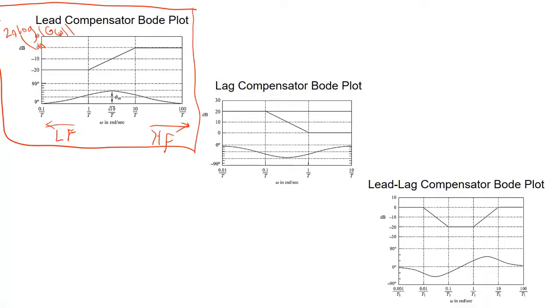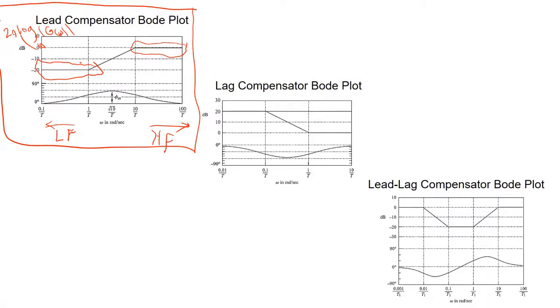What kind of filter, what kind of device allows the high frequencies to pass without too much attenuation in their magnitude, but brings down the magnitude of the low frequencies? So this lead compensator does not like low frequencies. It brings their magnitude down, damps them out, but high frequencies, it says, you're welcome, just go pass. So what kind of filter is that? Yes, it is called a high pass filter.